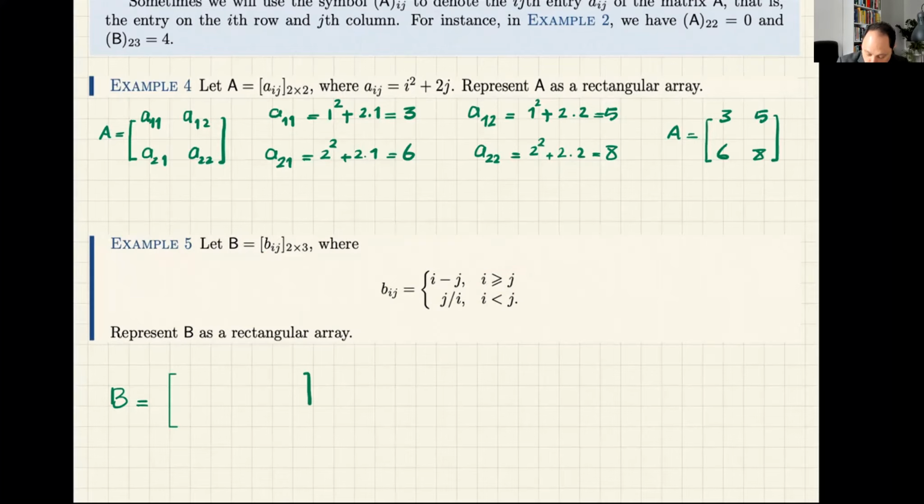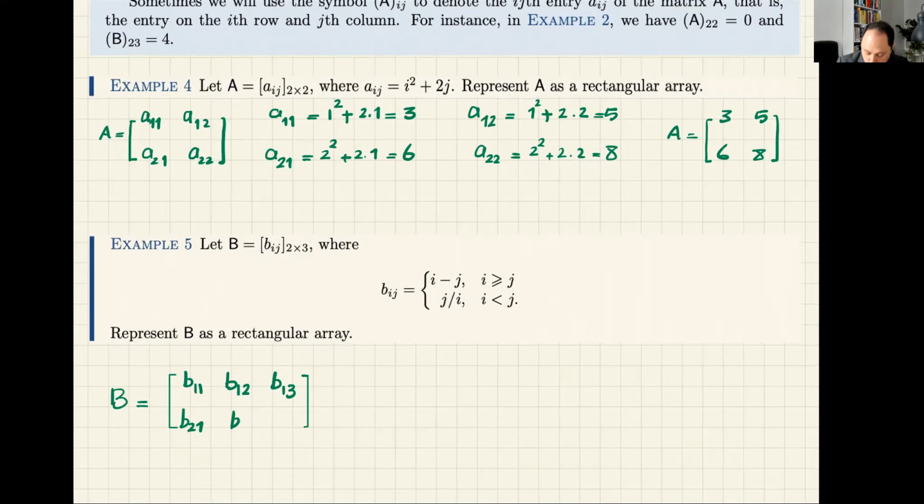So I should write it in this way. It is B11 and the next one is B12. The row index is kept the same and I am changing the column index. And the next row is B21, B22, and B23.